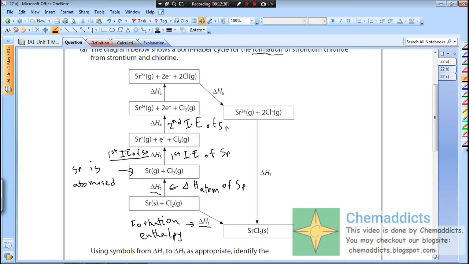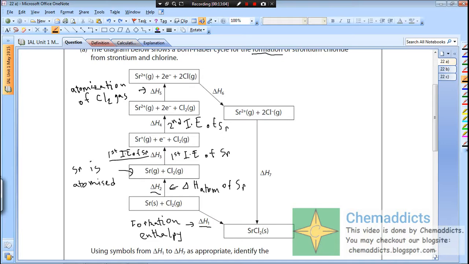If we look at this part, we can see that the bonds of chlorine molecules have been broken. So atomization of chlorine gas occurs. So del H5 would be the atomization of chlorine gas.